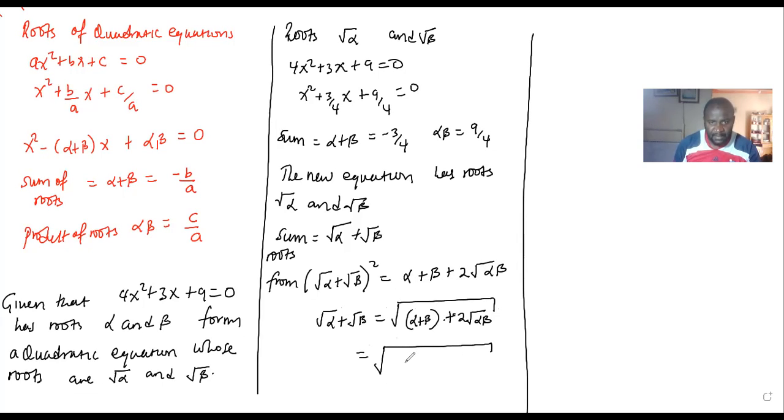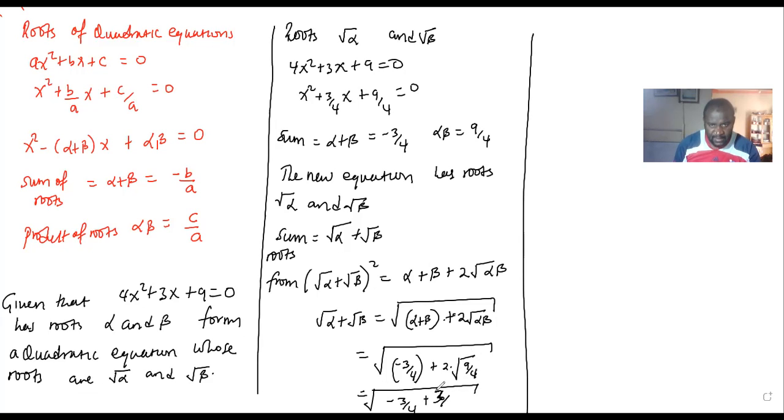Alpha plus beta, up there we saw, is negative 3 over 4, plus 2 times the root of alpha beta, which is 2 times the root of 9 over 4, which will give us the square root of negative 3 over 4 plus 6 out of 2.